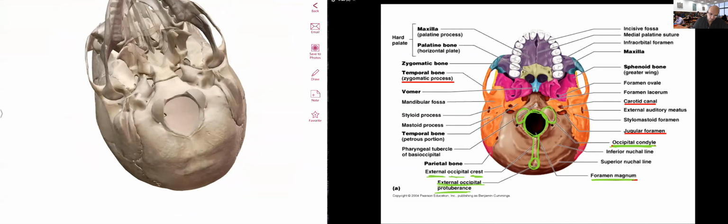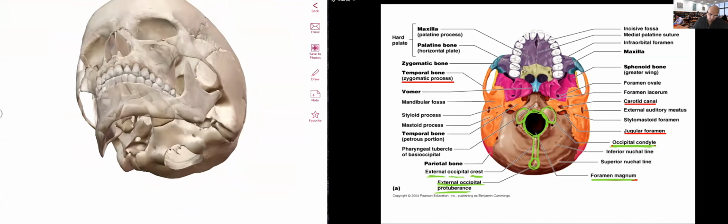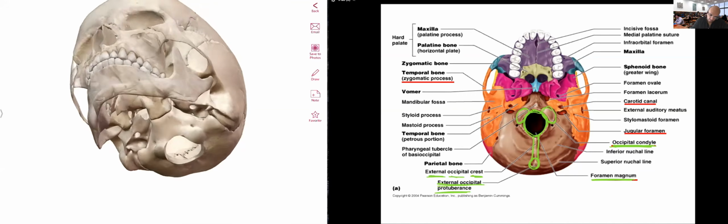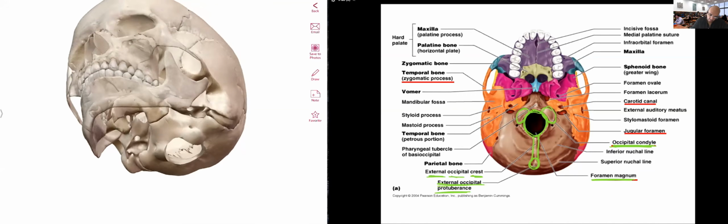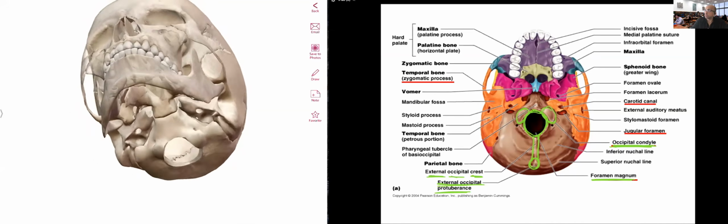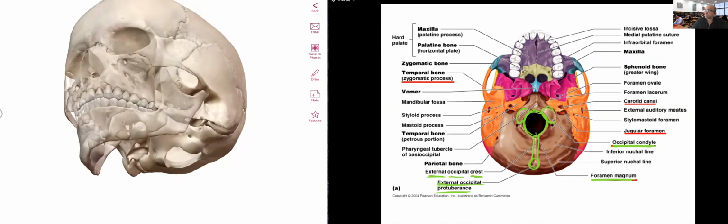How about when I tilt the skull down like this? Can you see a hole in here, a large irregular hole? Can you see this hole from this view? See on here? You see it?